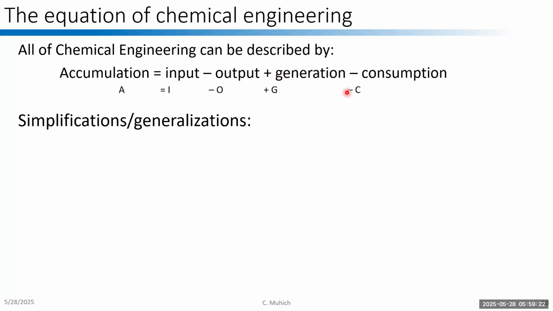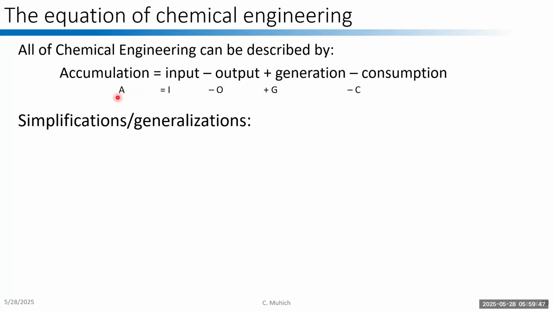How do I account for the accumulation, the input, the output, the generation, the consumption? What these terms are can be quite complicated. Often they can be in terms of differential equations and complex structures. But it all boils down to this general equation.